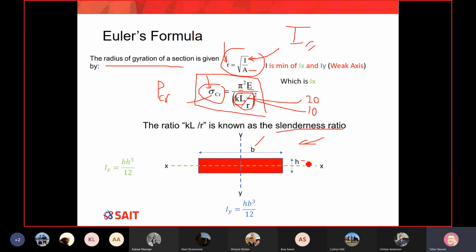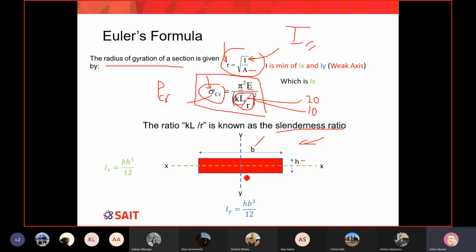Did you ever hold your ruler or scale, if you had one sometime, and try to compress it? Which axis does it buckle around? It buckles around the weak axis. And I bet you, even if you're able to bend your ruler around YY, please look at this one.